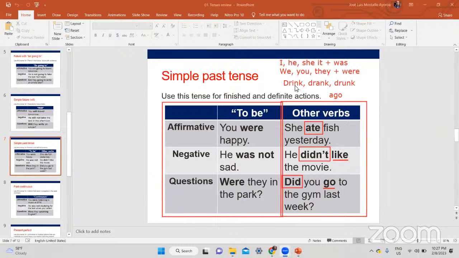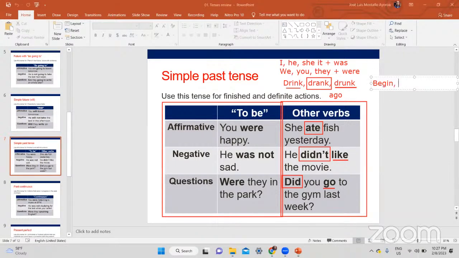So remember, drink, drank, drunk. Here you need the second one, right? Because it's the simple past. So this is the base form, drink. This is the simple past, drank. And this is the past participle, drunk. You can remember this with other verbs. For example, begin.